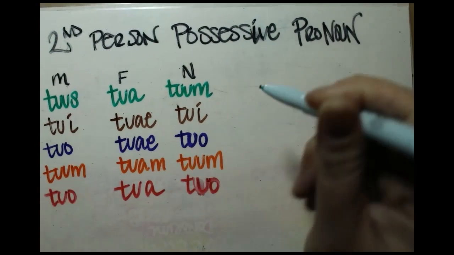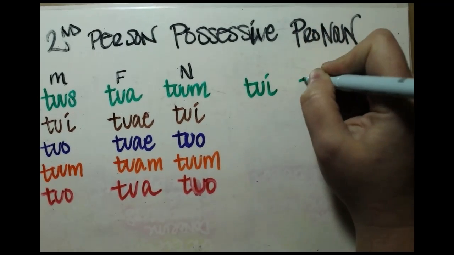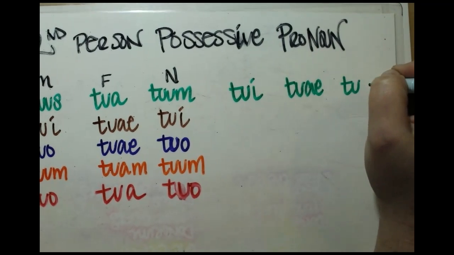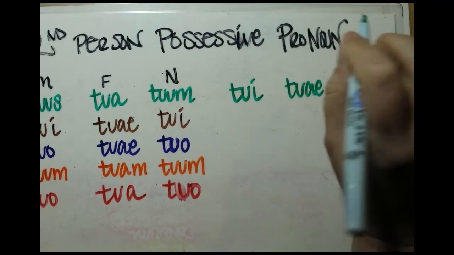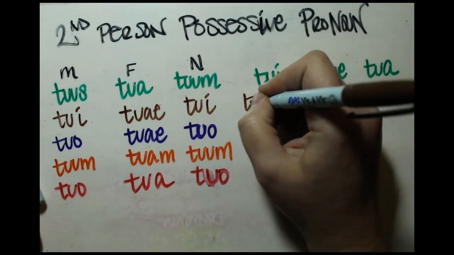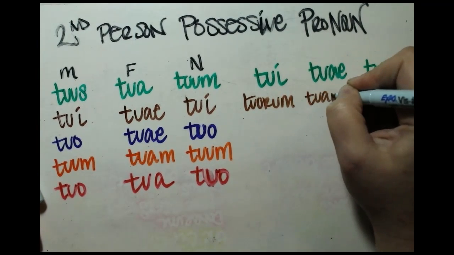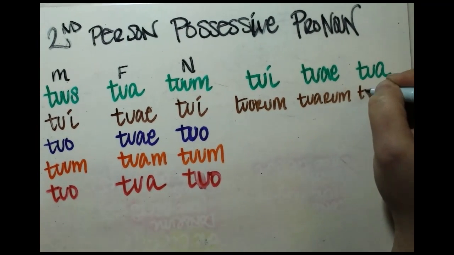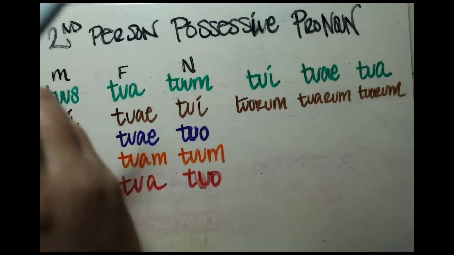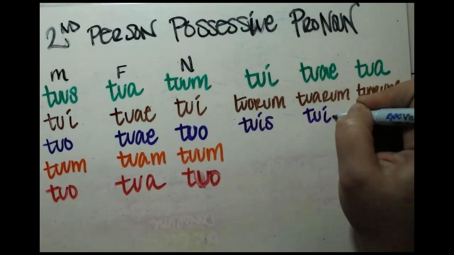In the plural, we have tui in the masculine plural, tuae in the feminine plural, and tua in the neuter plural. In the genitive, tuorum, tuarum, tuorum. In the dative, tuis, tuis, tuis.